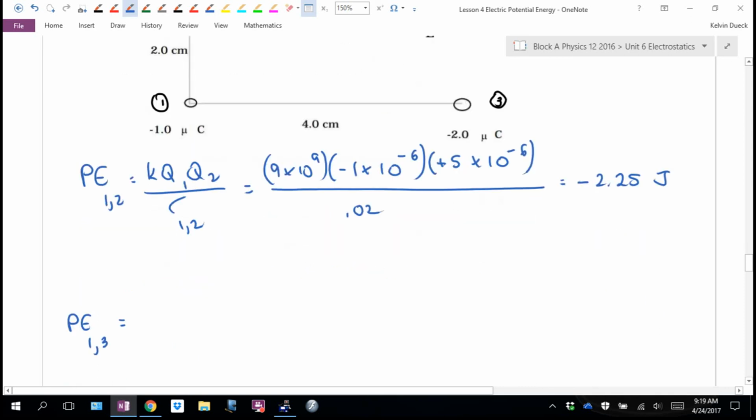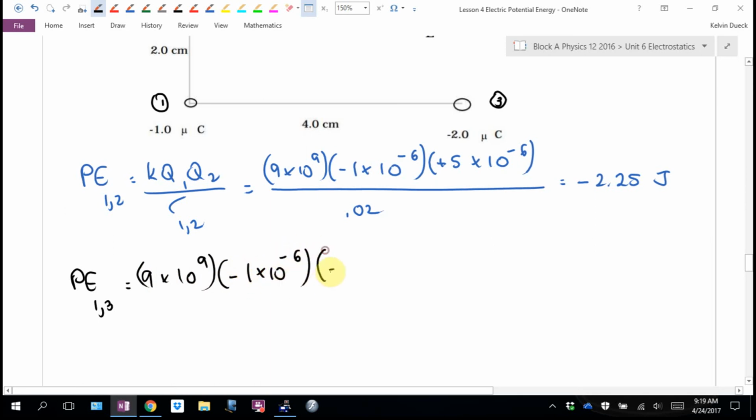Let's also then find the energy between charge 1 and charge 3. Can I go straight to numbers? I'm going to be daring and go straight to numbers. 9 times 10 to the 9th. Charge 1, negative 1 microcoulomb. Charge 3, negative 2 microcoulombs.